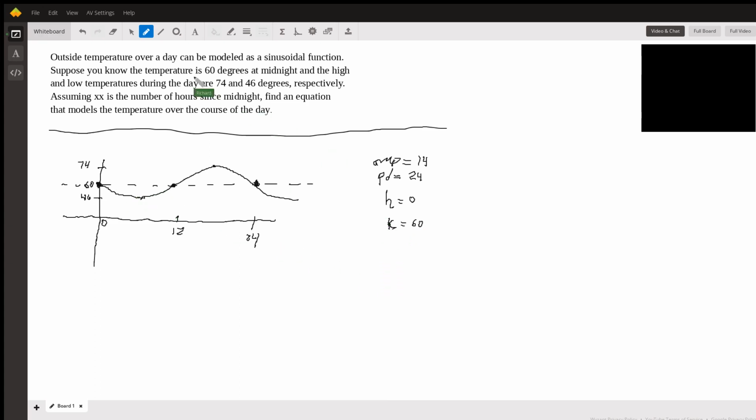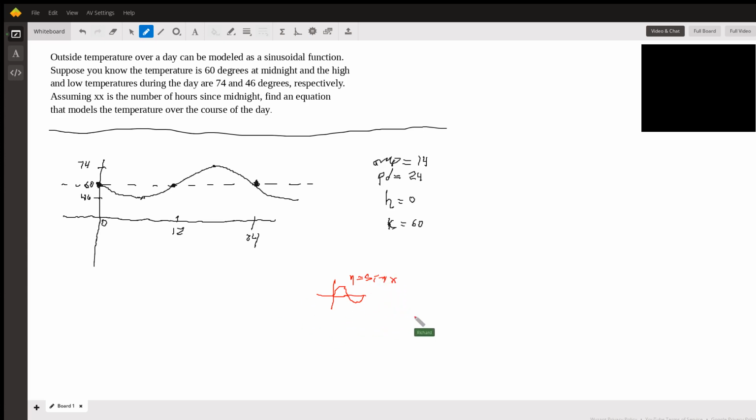So you have to have memorized what these curves look like. The sine curve starts at the midline and goes up. So that's y equals sine x.